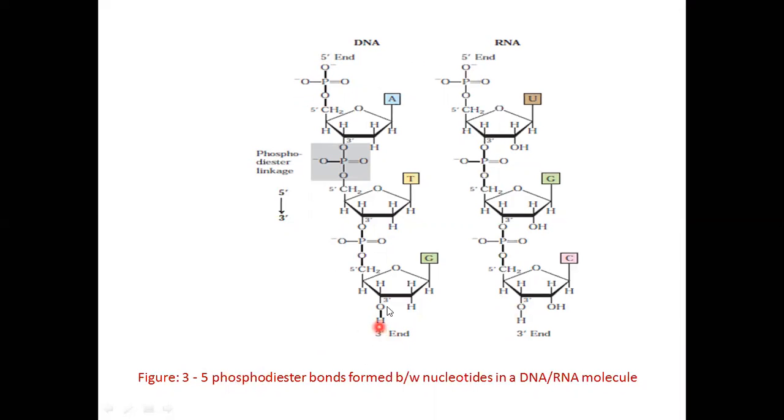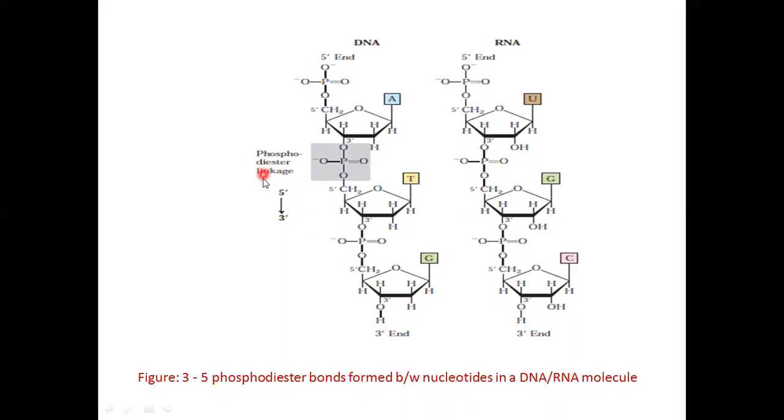So now this is the first nucleotide. It contains sugar, nitrogenous base, and phosphate. So phosphate is attached at carbon 5 of this sugar, you can see. And the phosphate is next attached to the sugar of the next nucleotide at carbon 3, you can see here. This is carbon 5, this is carbon 3, and this is the phosphodiester bond.